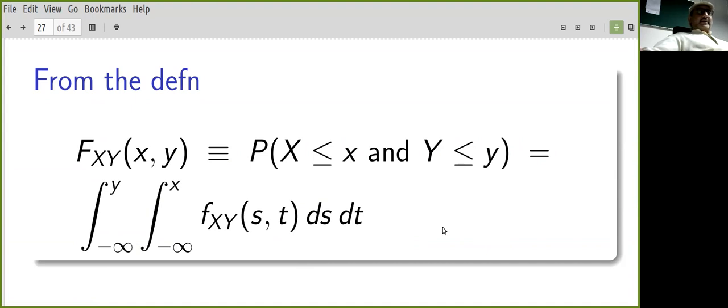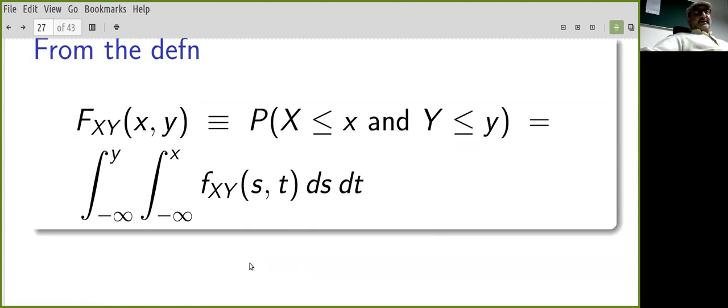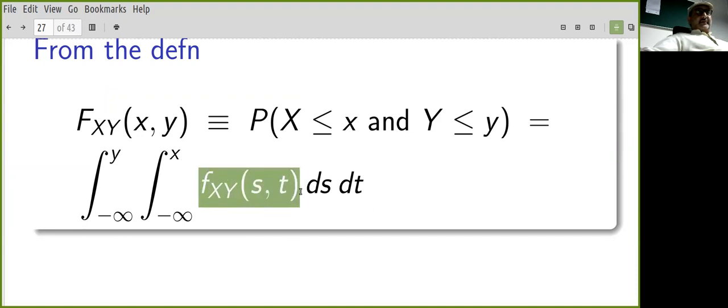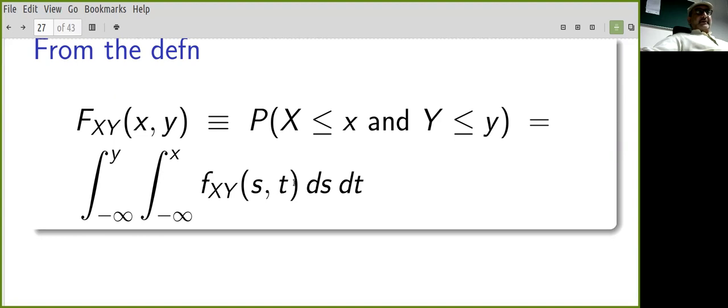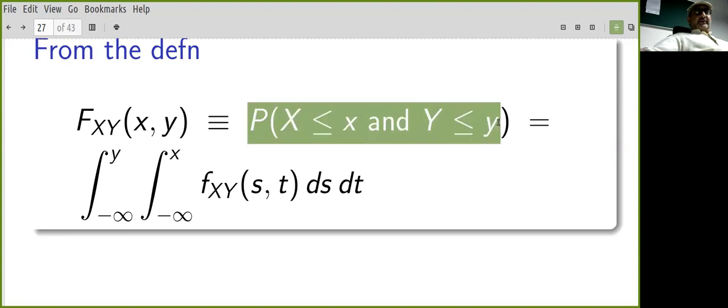And in order to keep things correct and not accidentally integrate out your x and your y, you should use dummy variables instead of x and y, use s and t. So you integrate the PDF, f_XY(s,t), from minus infinity to x and minus infinity to y, and that gives you the probability that X is less than or equal to x and Y is less than or equal to y.